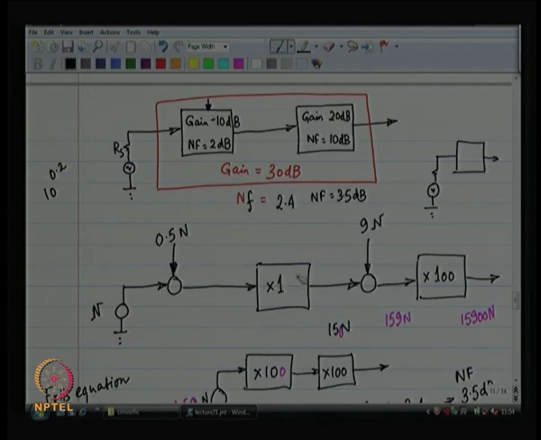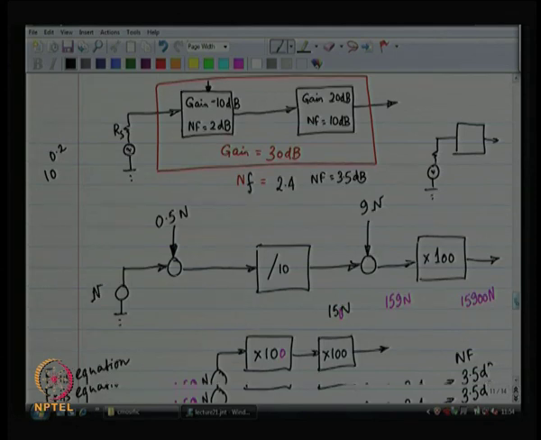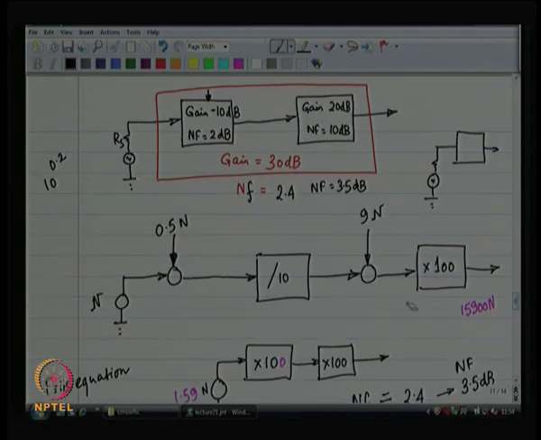So, that means instead of multiplying by 100, I divide by 10. Okay. So, the overall gain is a multiplication of 100. Now, my numbers are going to change, right. Now, I have got 1.5 n over here, that is going to be divided by 10 instead of multiplied. So, I am going to get 0.15 n over here.